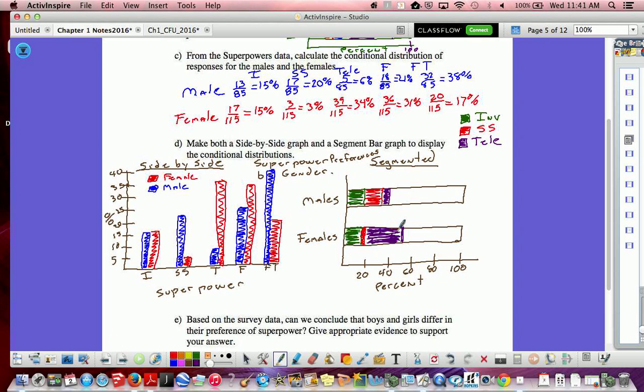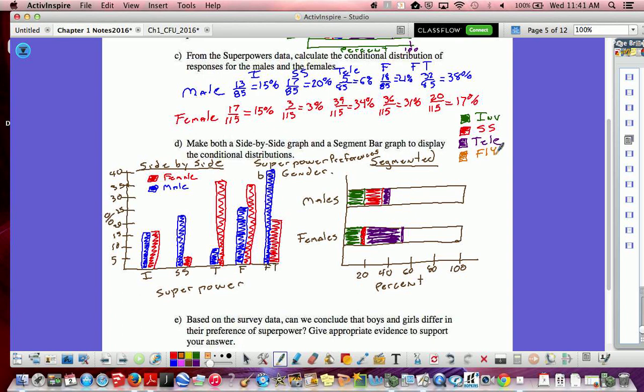Let's see, I'm going green, red, purple. Should I go orange? That would be a good color. We don't use orange very often. So now we're talking about flying. So males is 21%.